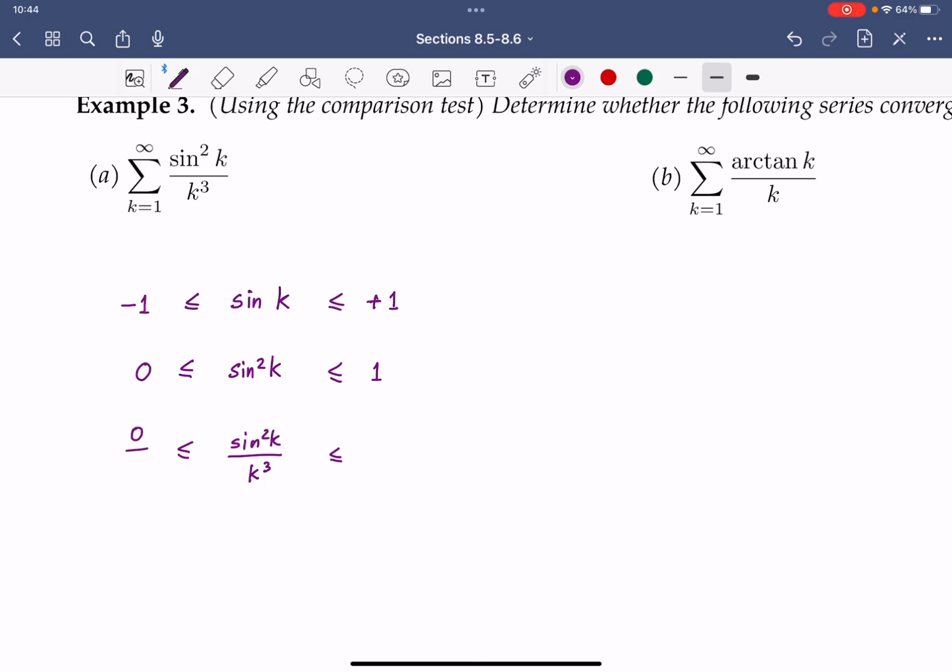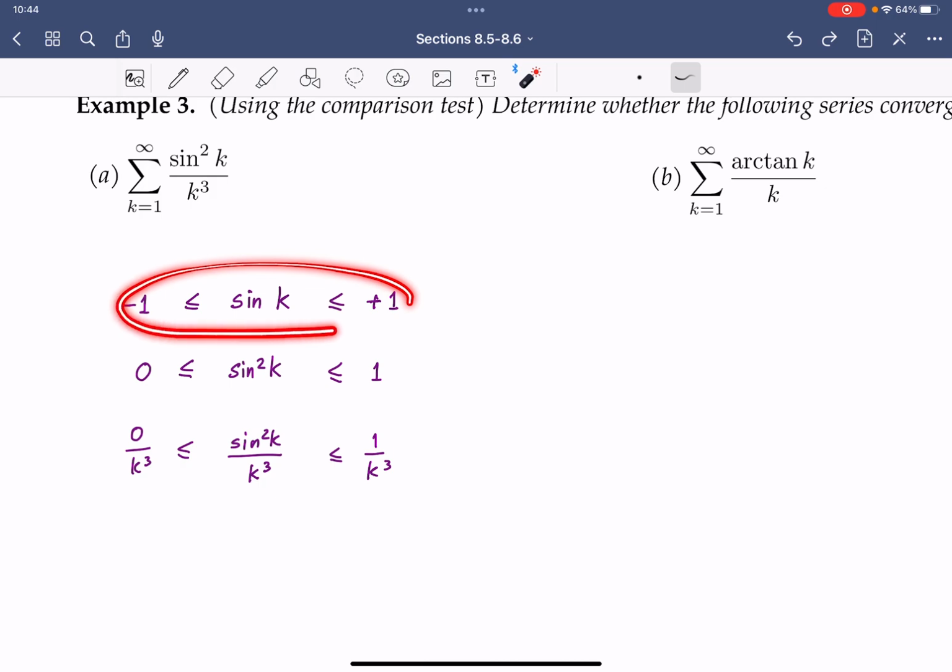So it's going to be that and that. Which means on the left hand side you have, okay. Here this is sine k between -1 and 1, right? But when you square it, it's going to be positive anyway.